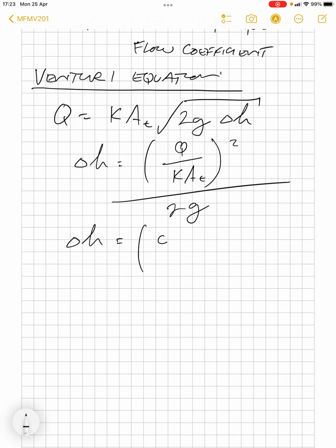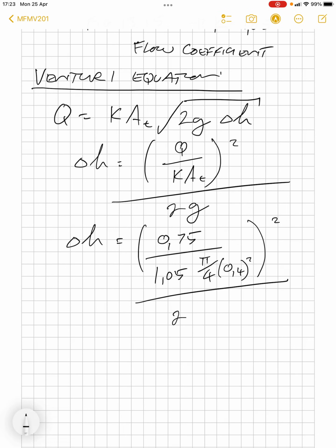Substituting into the formula for delta H, we've got 0.75. K, we know, is 1.05. And then area is pi over 4 times 0.4 squared. We square that whole term, divide that all by 2 times 9.81. Delta H therefore equals 1.65 meters of water.